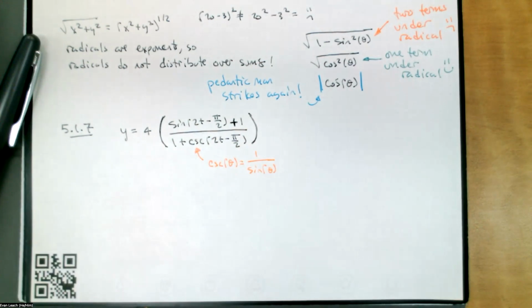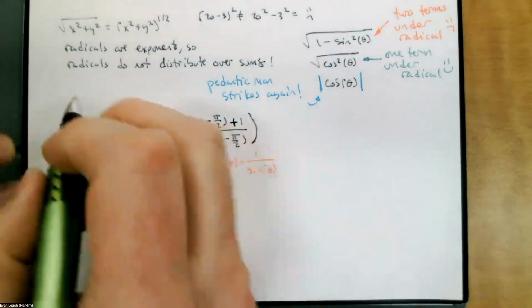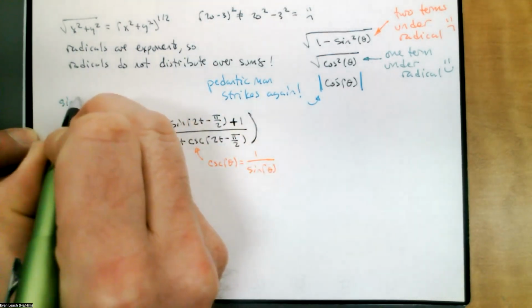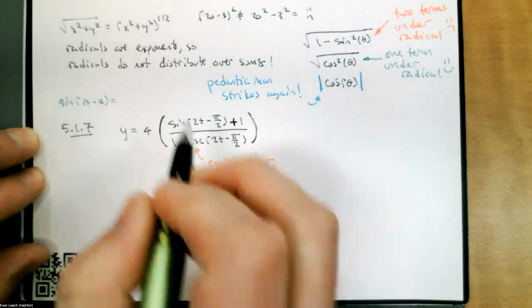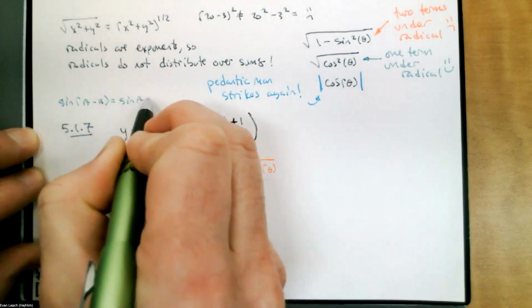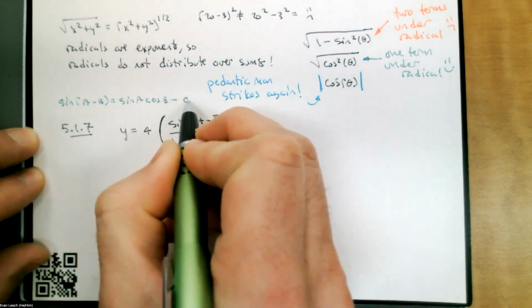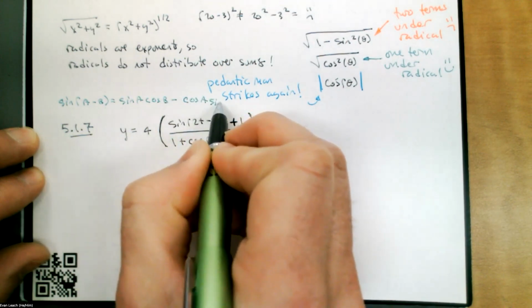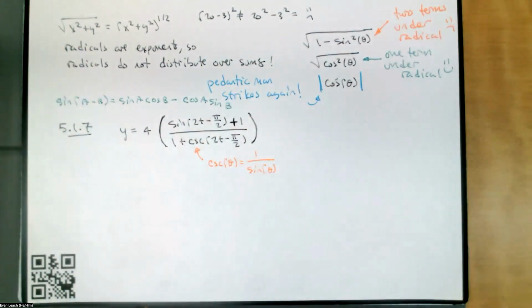I also see that I have sine of 2t minus pi over 2. I have sine of two terms. So this is reminding me of the identity sine of A minus B is sine A cosine B minus cosine A sine B. Because of the pi over 2, it could also be reminding me of some co-function identities, but this is the one that jumps out.